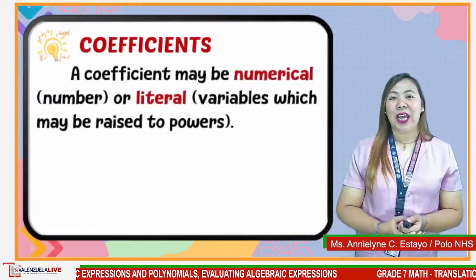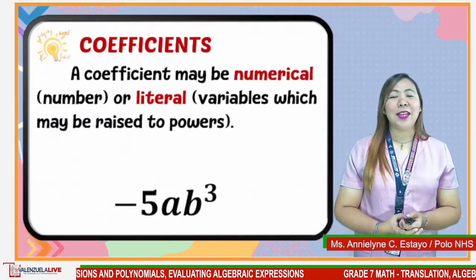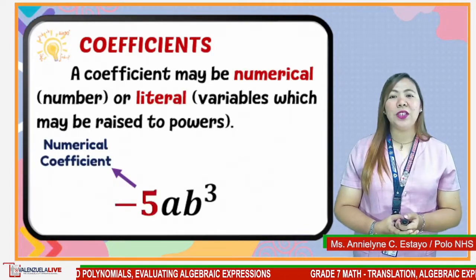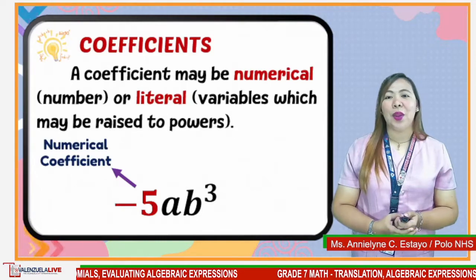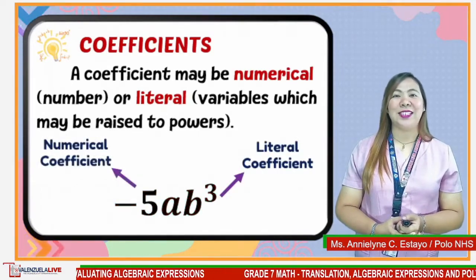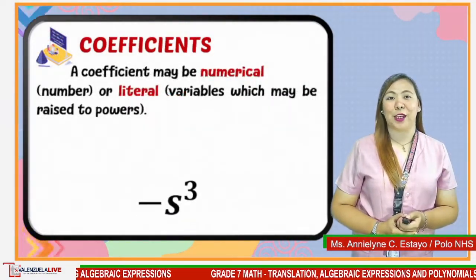A coefficient may be numerical or literal. In negative 5ab cubed, negative 5, which is the number, is called the numerical coefficient, while ab cubed is the literal coefficient. Example, negative s cubed.